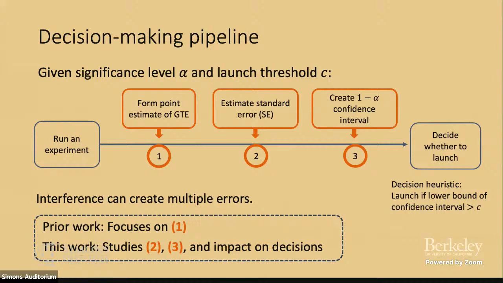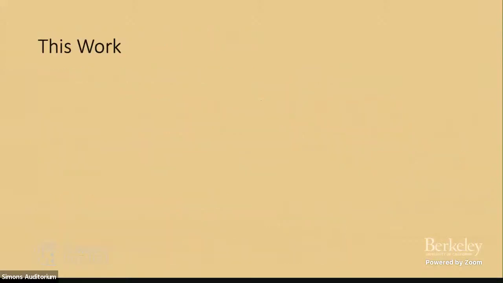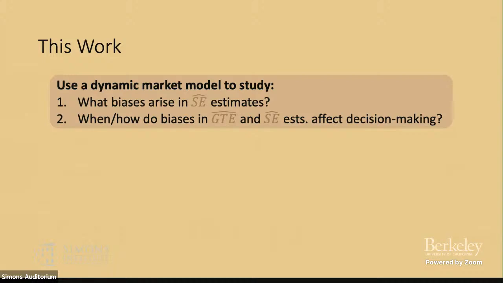But what we're going to do in this work is also talk about biases in the standard error estimates and then how these biases propagate to the confidence intervals and decisions that are made from them. Here, we're going to define a dynamic marketplace model of a two-sided marketplace, and then use this model to study first what kind of biases arise in the standard error estimates, and then how these biases in the standard error estimates and treatment effect estimates affect our decisions.